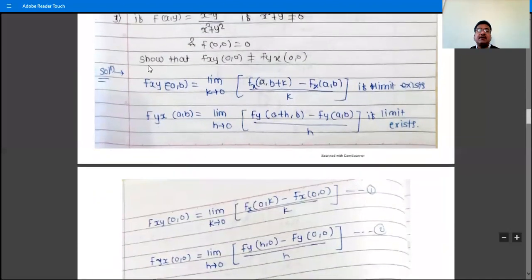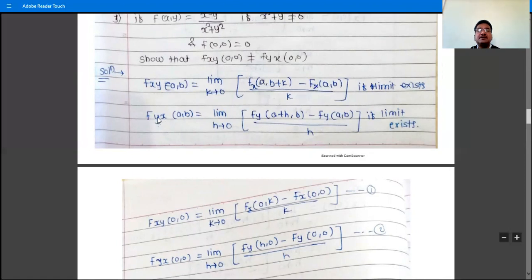So first write fxy ab. Fxy means the derivative of fx with respect to y. Either use this definition for this or this definition for this. Fxy means the derivative of fx with respect to y, which means the limit as k tends to 0 of fx a, b plus k minus fx a b divided by k, if the limit exists.